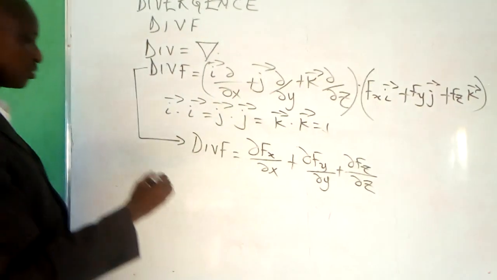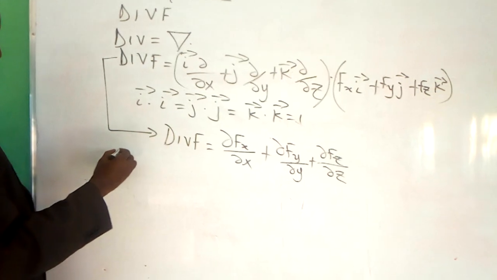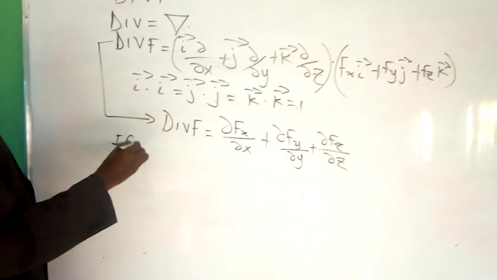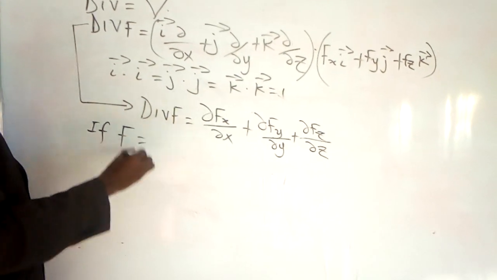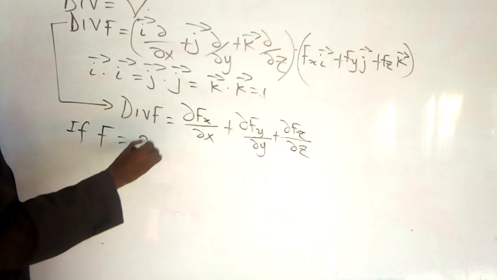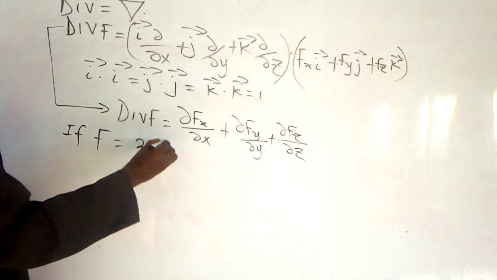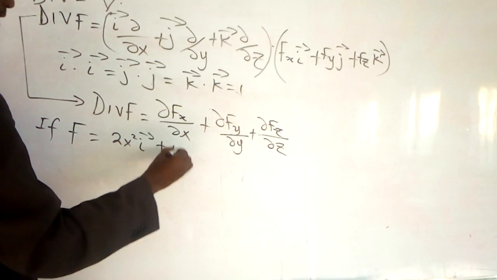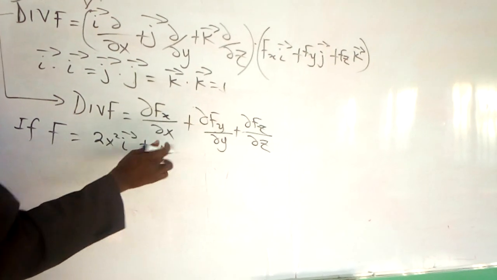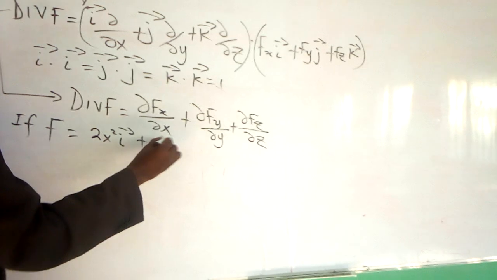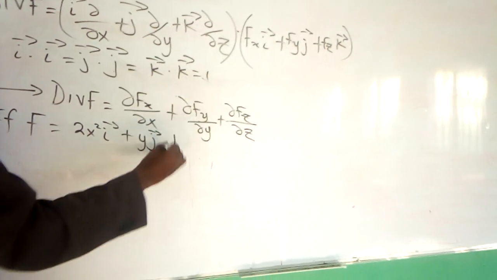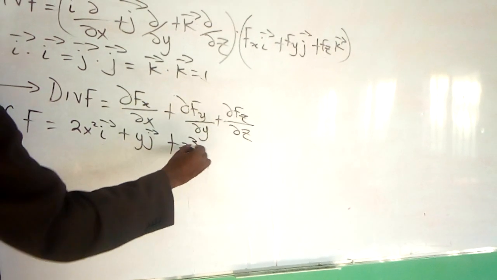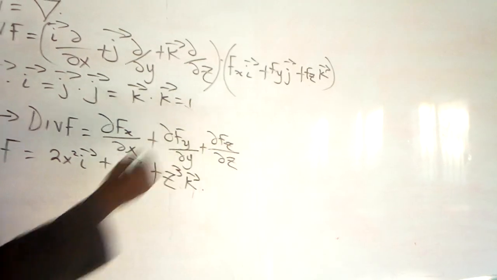For example, if F is equal to 2x squared i direction plus y squared, let's say y j direction, plus z cubed k direction.